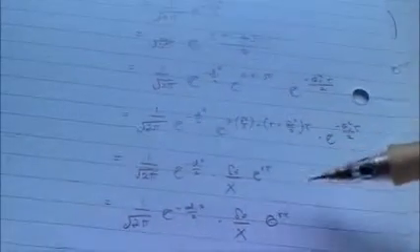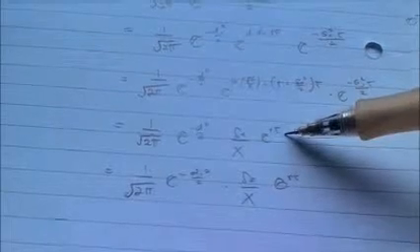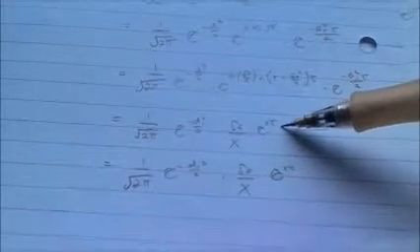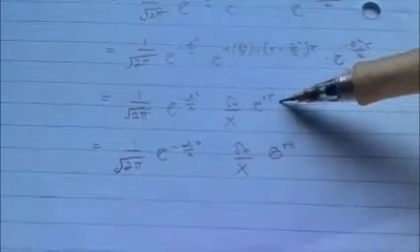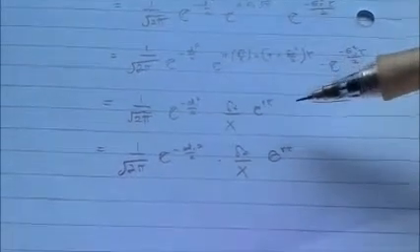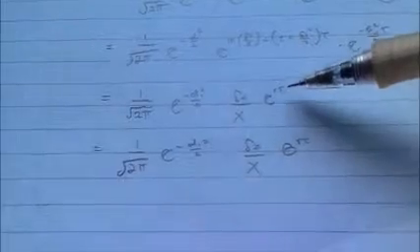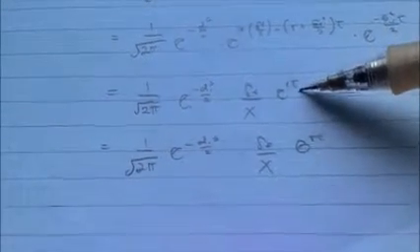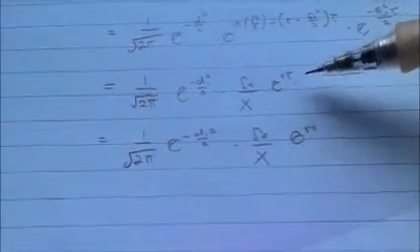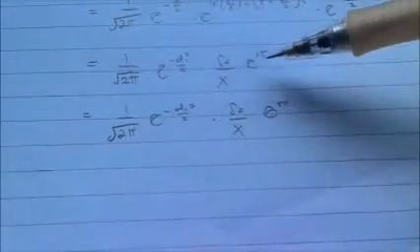Okay, now we conclude. So we get 1 over root 2 pi e to the negative d1 squared over 2 times S_t over S e to the r tau, because we have replaced with r.